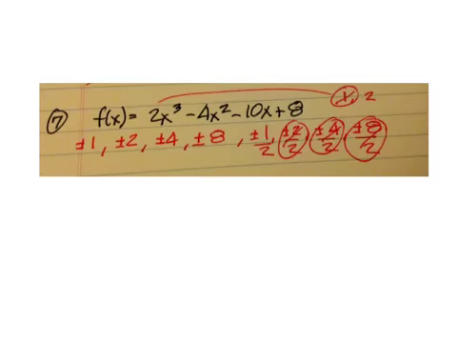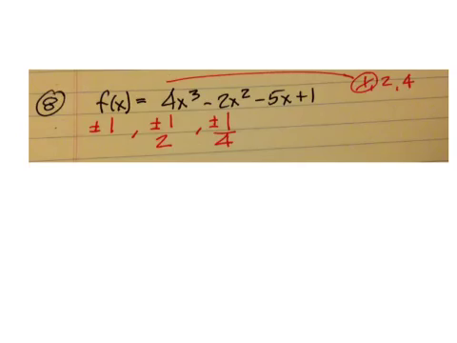Number 7 is plus or minus 1, 2, 4, 8, and 1/2. These cancel out. Eight is plus or minus 1, 1/2, and 1/4.